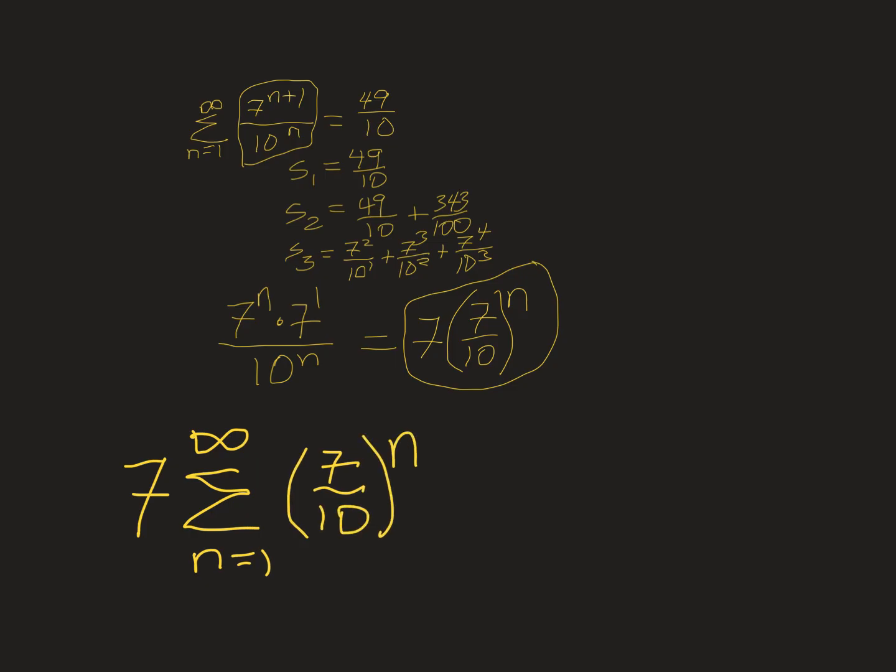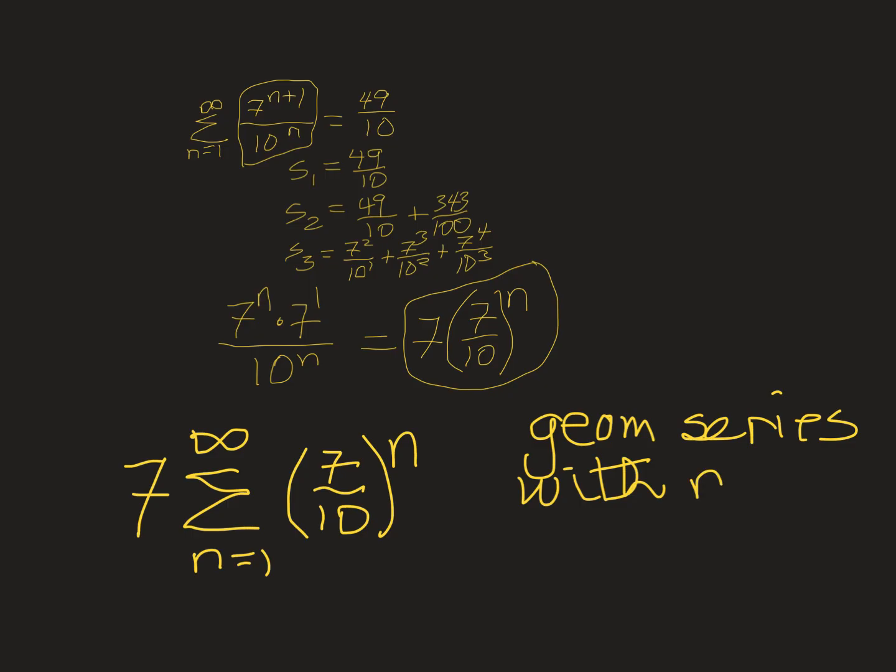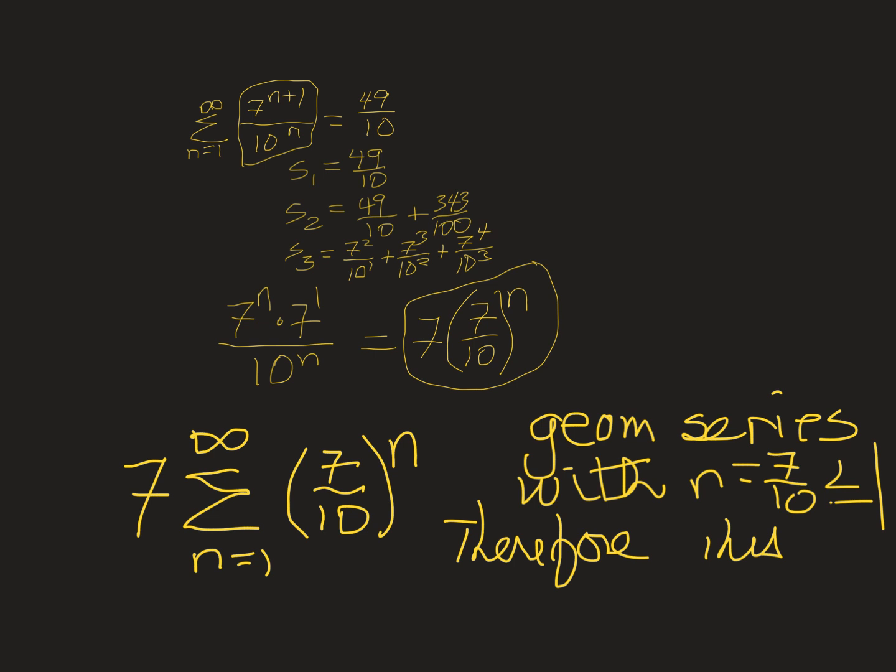Now, this is a geometric series with r equals 7/10, which is less than 1. Therefore, this series converges.